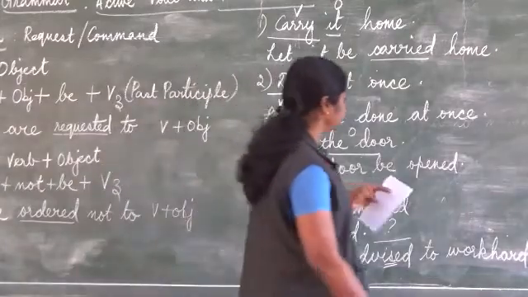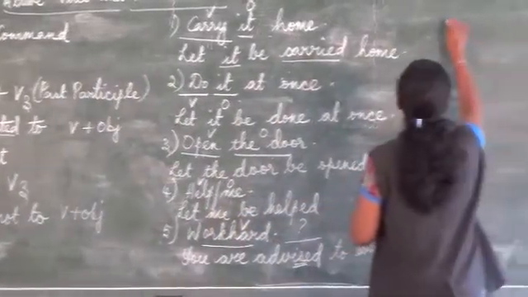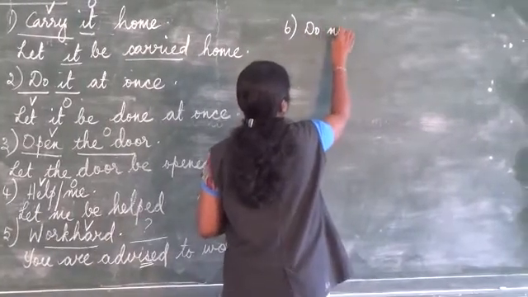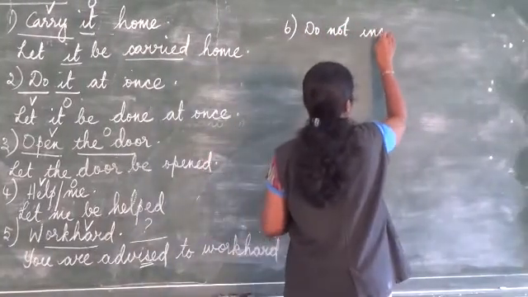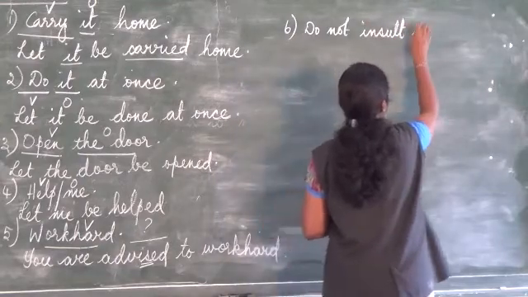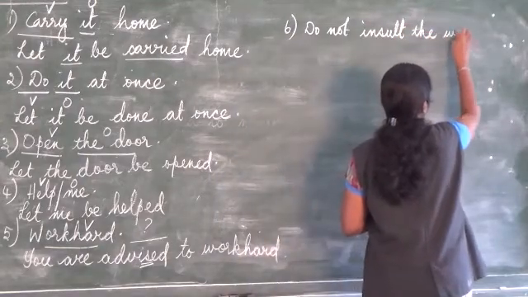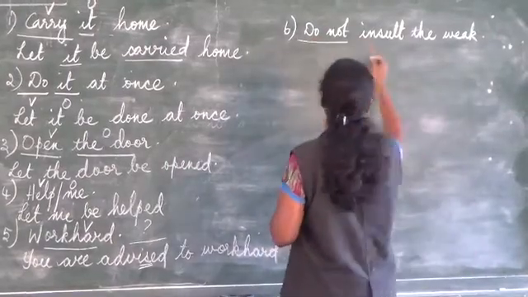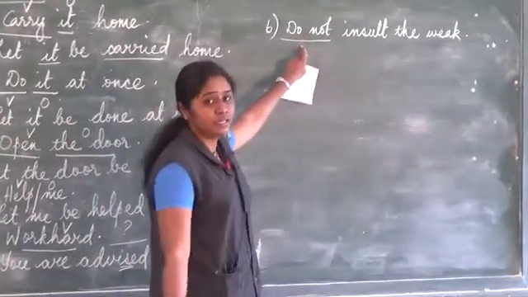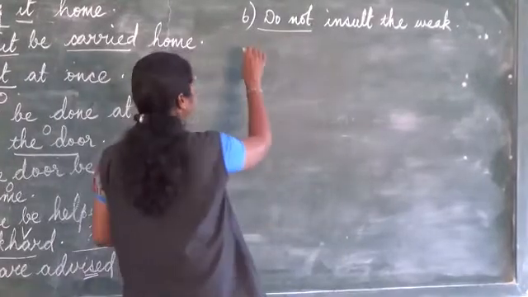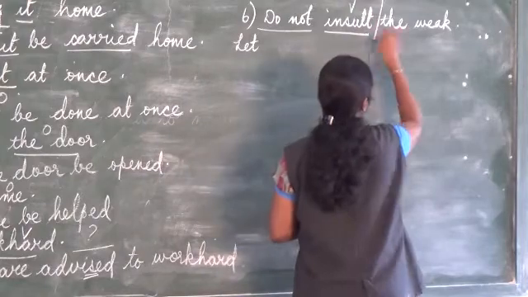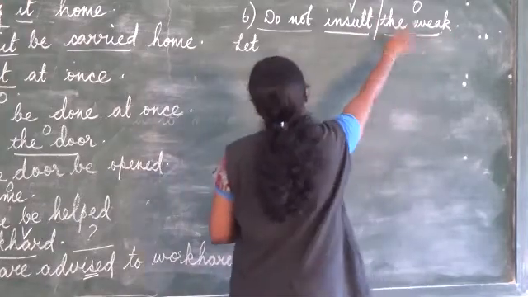Now negative imperatives. "Do not insult the weak." Clear? Okay. So now you have to show that it is a negative imperative. Again you can begin with "let". Now this is the verb here and this is the object. So bring the object here.